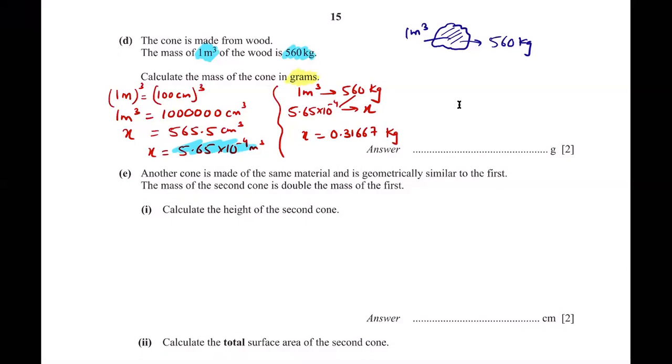Nawal, how many grams are there in 1 kg? 1000. So if you have 0.31667 kg, then that's going to be 316.6 or 316.7 grams. Do you agree with this value?